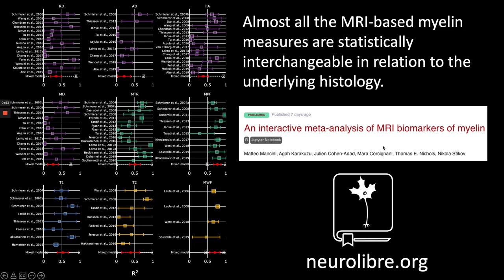You can take a closer look at the interactive version of this analysis on neurolibrary.org and reproduce these numbers, but in a nutshell, what we see here is that almost all these quantitative MRI biomarkers are statistically equivalent in myelin imaging, and this points to a considerable variability in quantitative MRI experiments.